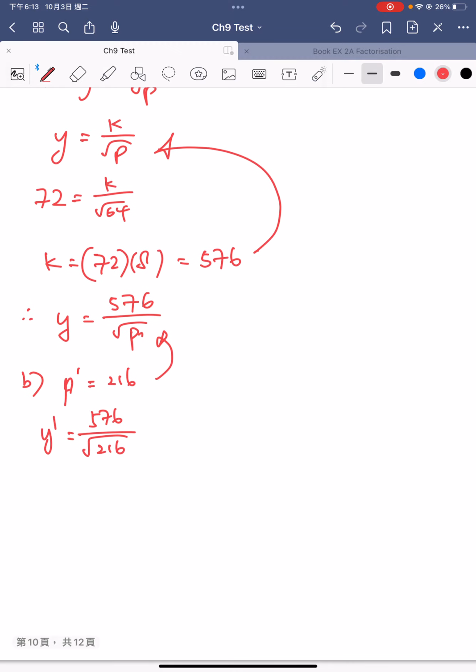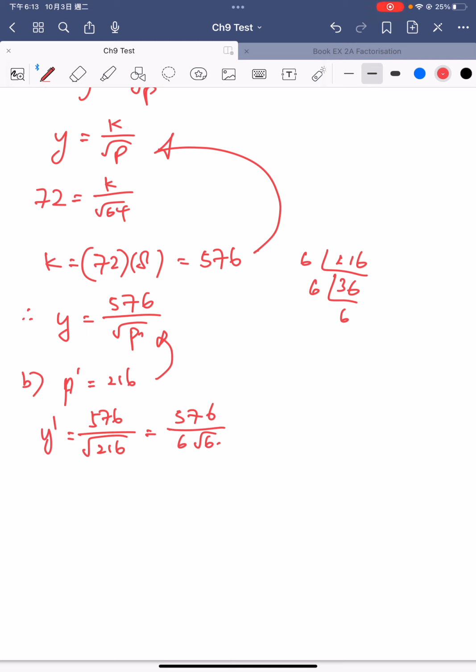So 216, if you divide by 6, then you can get 36. And again, you got 6 and 6. So this is actually equal to 576 divided by 6 square root 6.